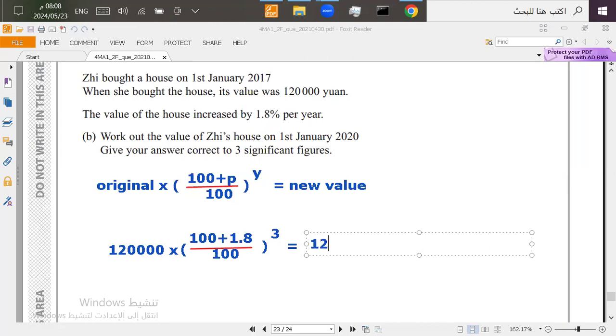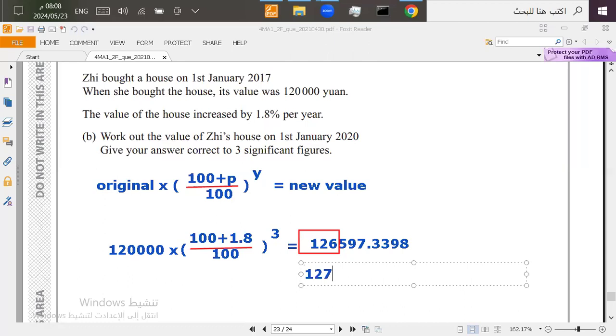And the answer is 126,597.3398. Now, when you round this to three significant figures, same idea as we did before. So three significant figures, 126 here. It means the answer is 127 because the 5 is big and the rest are zeros. And this is how you answer a question like this.